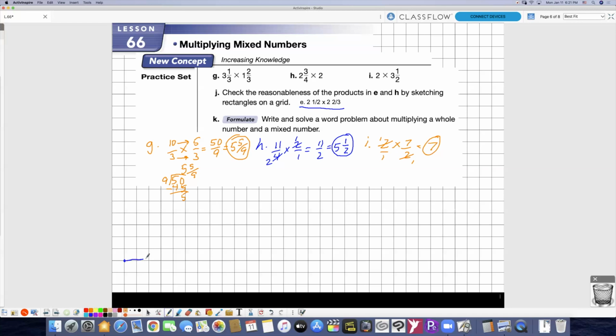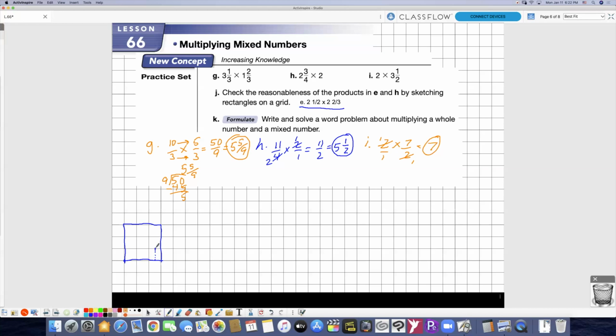So there's 1, 2, 3. So 2.5, I've got 3 total there. 1, 2, 3 units. And I have to go at least 3 units this way. So I'm going to have a box on my grid that's 3 by 3 at least.